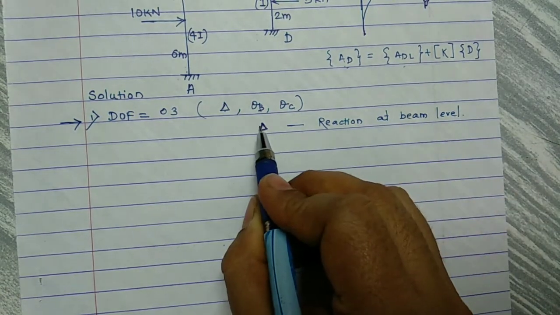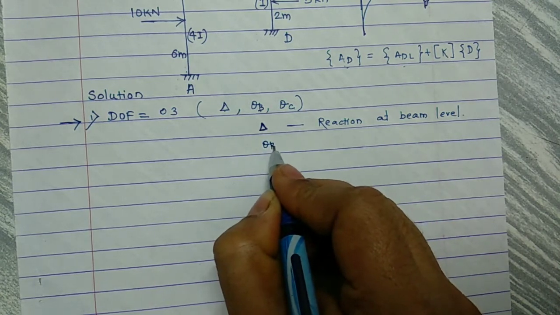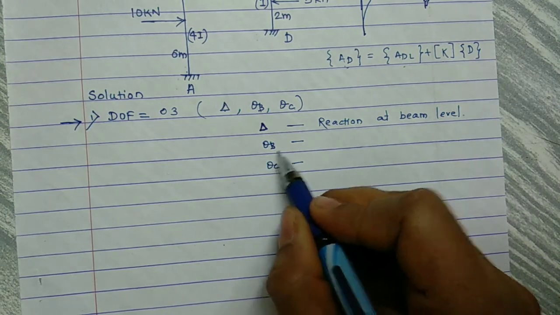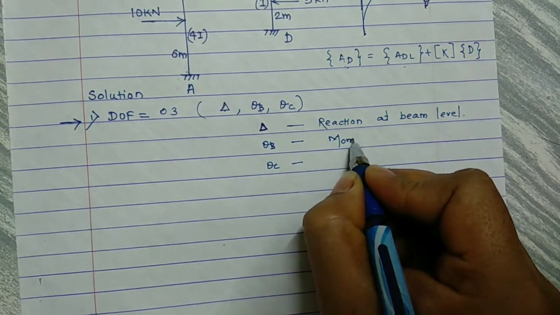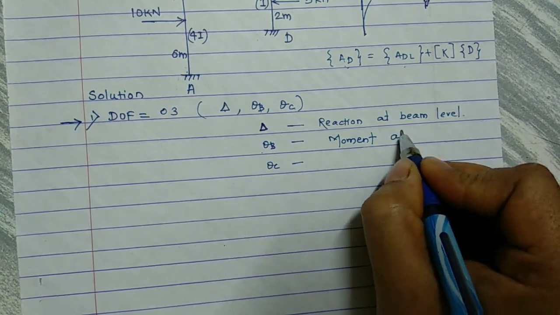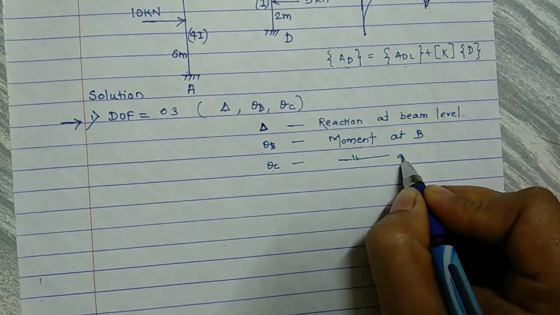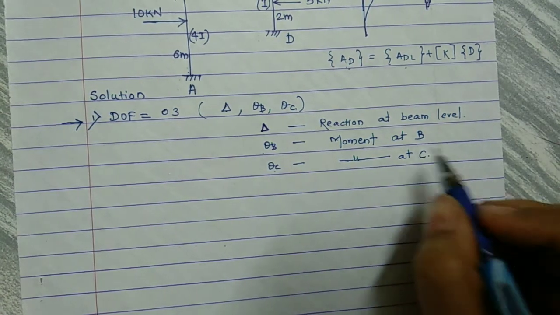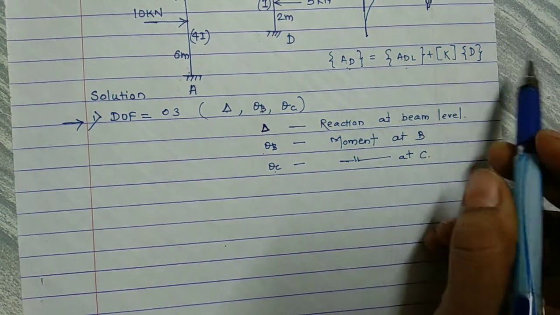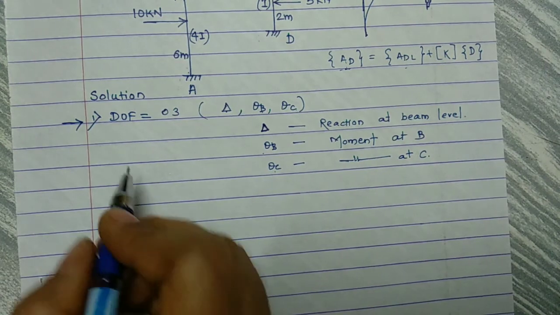The second is theta B and the third is theta C. The action corresponding to rotation is always moment. So the action corresponding to theta B is the moment at B, and the action corresponding to theta C is the moment at point C. Accordingly we have to write the stiffnesses in these matrices. Very first, we'll calculate this AD matrix.